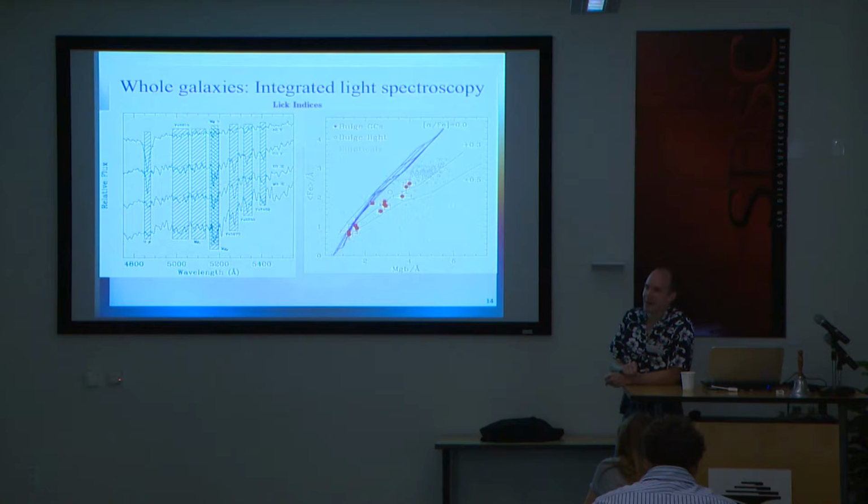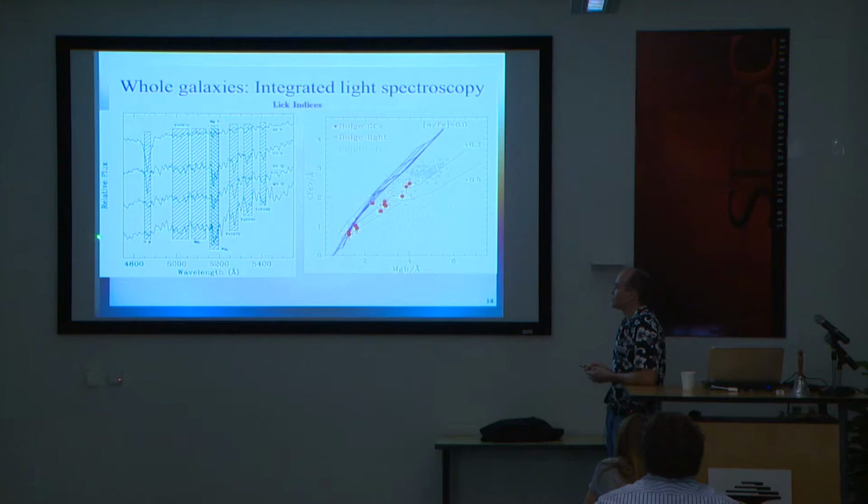It's not that bad of an approximation just to sample the light of a few red giants in your model of the spectrum, and then the light of a few main sequence turnoff stars. With integrated light spectroscopy, there are two approaches. One is fully modeling the spectrum, which I'll get to in a bit, but another is measuring equivalent widths, or something called Lick indices, also called spectrophotometric indices. You can figure out how much absorption is in these bands and how much absorption is in the side bands away from them.